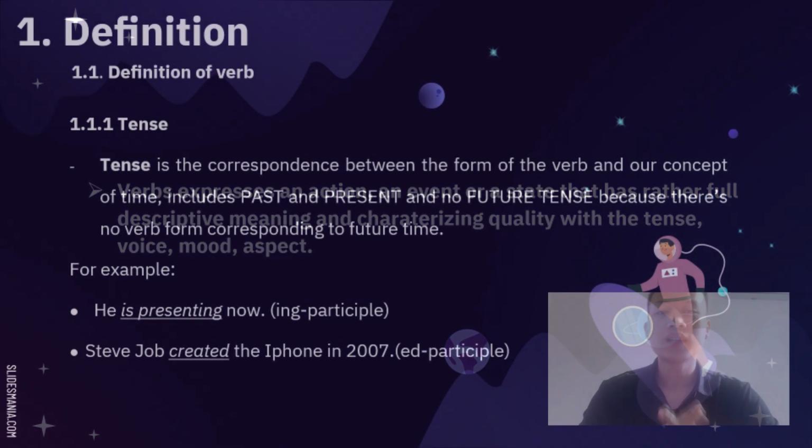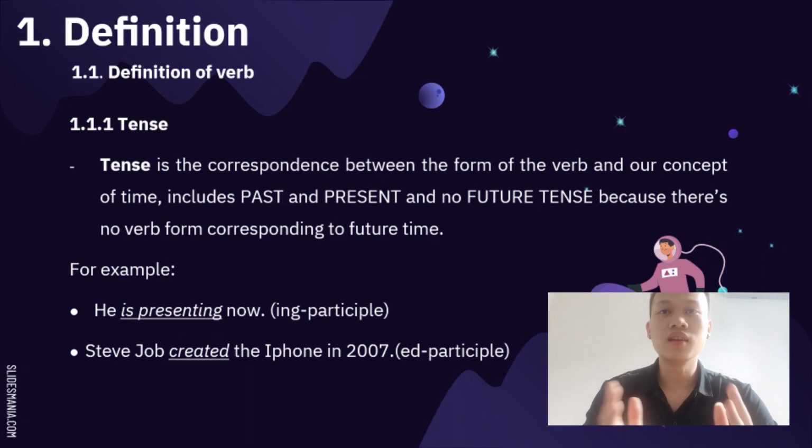First is tense. Tense is the correspondence between the form of the verb and our concept of time. It includes past and present, and no future tense, because there is no verb form corresponding to the future time.